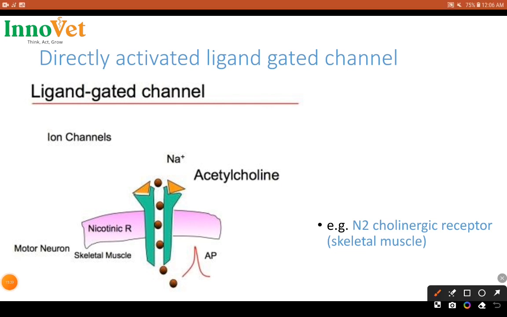They are simply called direct because when our ligand, in this case acetylcholine, binds to the receptor, in this case the nicotinic 2 receptor, which is a cholinergic receptor found at the neuromuscular junction, it will lead to conformational change, hence opening of the ion channels.